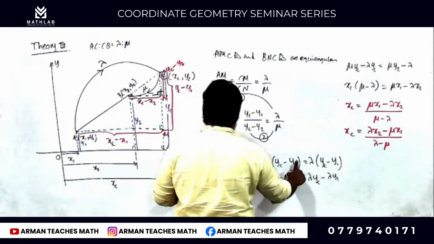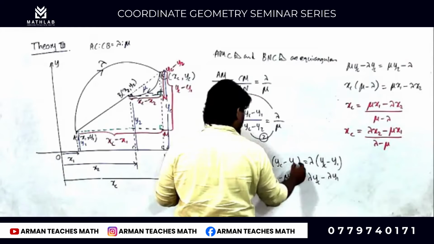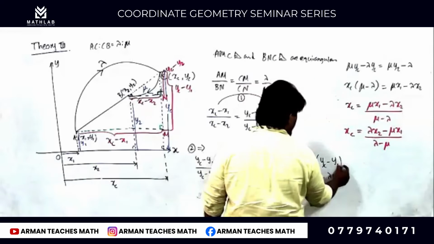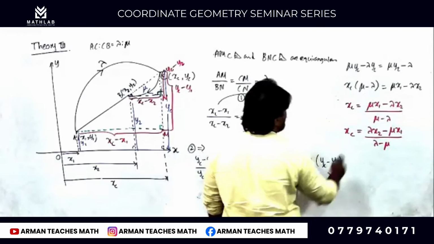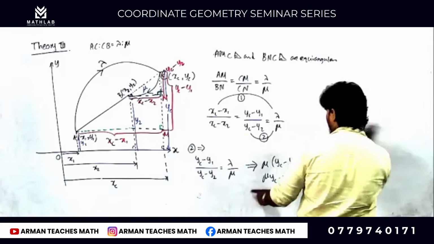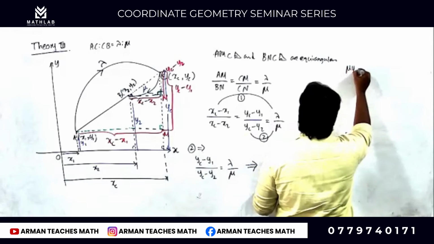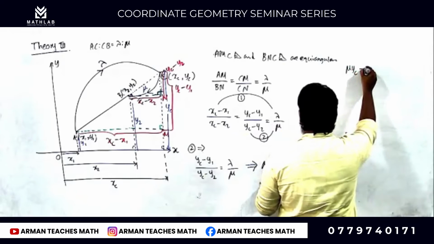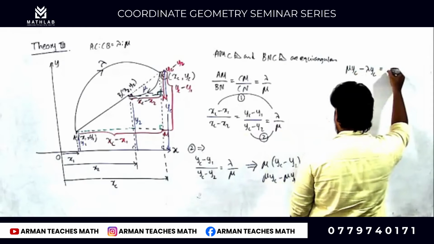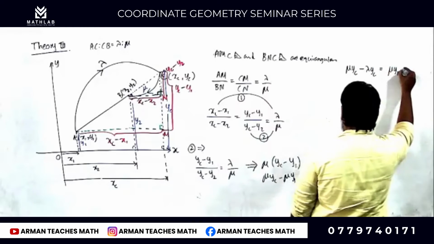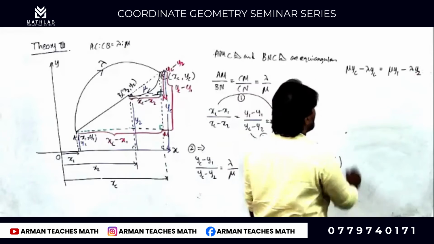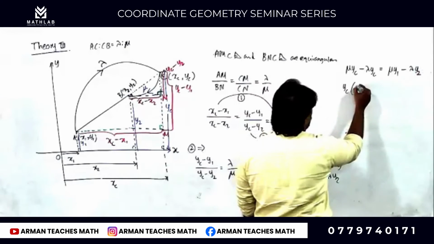This is mu times yc minus y1. Okay, this is y1. This is y2. So we get mu yc minus lambda yc is equal to mu y1 minus lambda y2. Now take yc as a common factor outside, we get mu minus lambda.